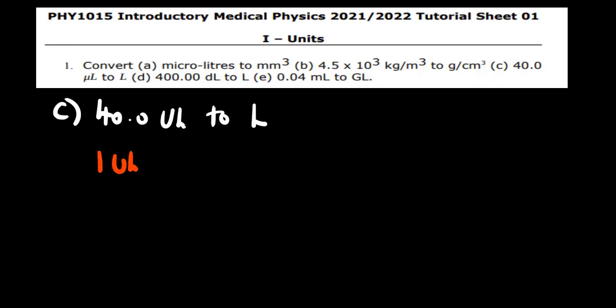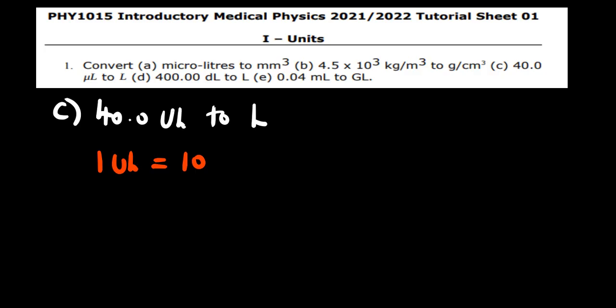C, we are asked to convert 40.0 microliters to liters. So how are we going to do that? You know that the conversion unit is 1 microliter is just equal to 10.